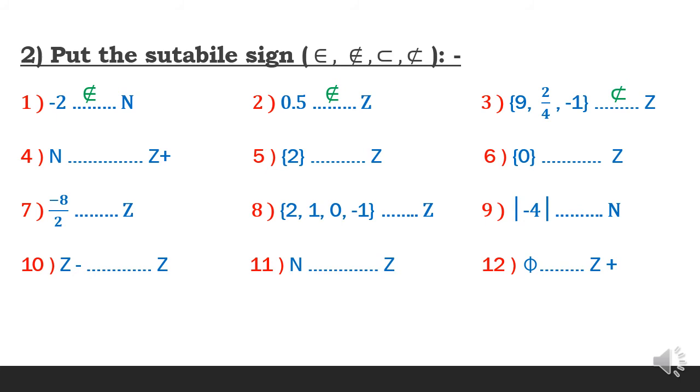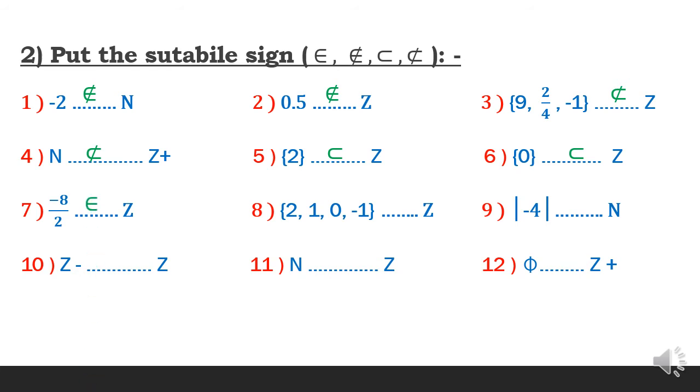N to Z positive, not subset. 2 to Z, of course 2 is an integer, subset. 0 to Z, of course subset. Negative 8 divided by 2 equals negative 4.